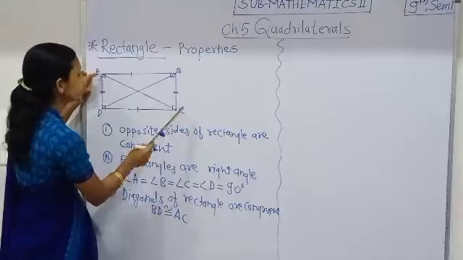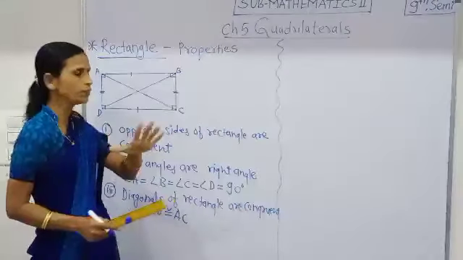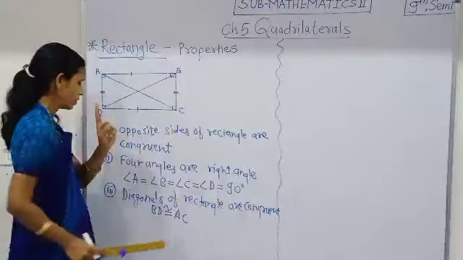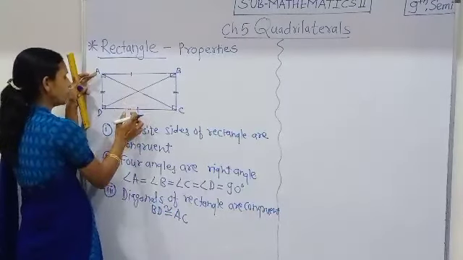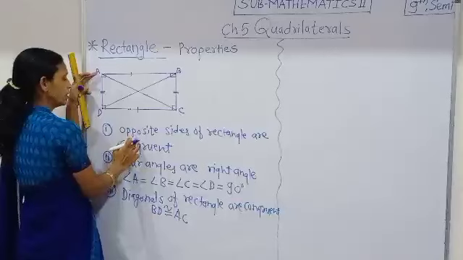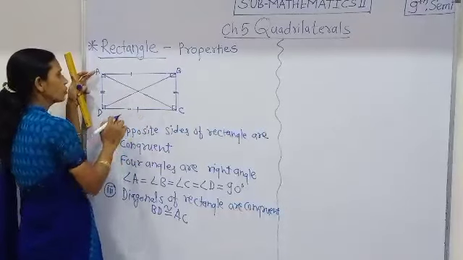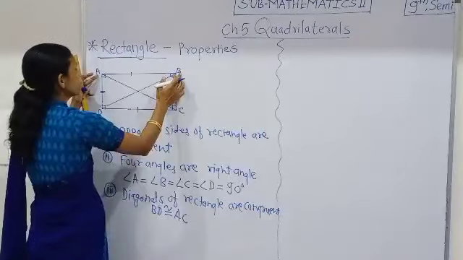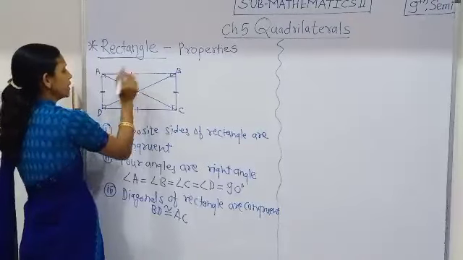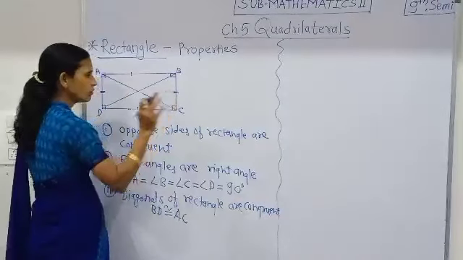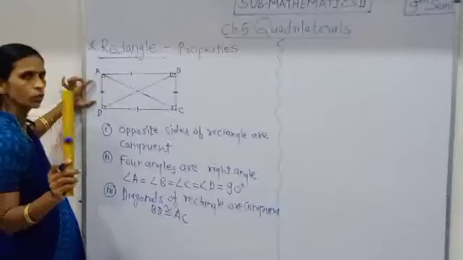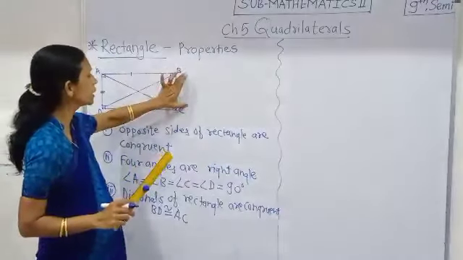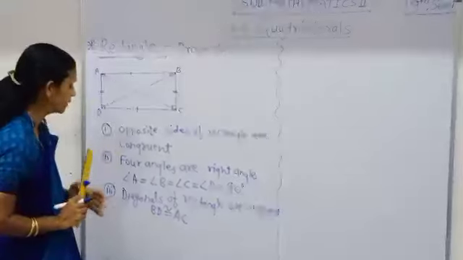That means if AC is 5 centimeters, then BD is also 5 centimeters. Similarly, the opposite pair of sides are congruent. Therefore, if AB is 7 centimeters, then CD is 7 centimeters, and if AD is 2.5 centimeters, then BC is 2.5 centimeters.